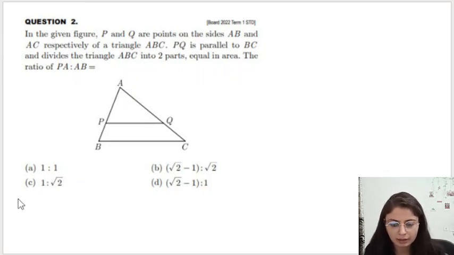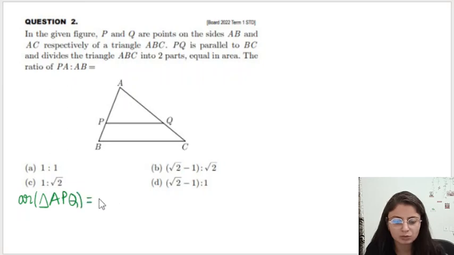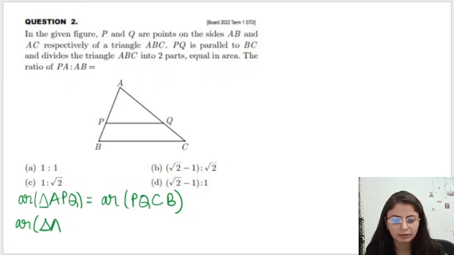So it's given that area of triangle APQ equals area of quadrilateral PQCB, right? So using this, what can we say?